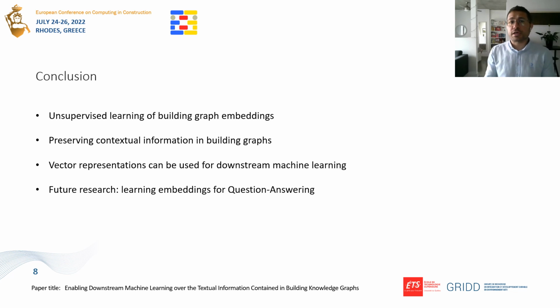And we also discussed how these vector representations can facilitate downstream machine learning from building information models to help solve real-world problems in our field. Currently, we are experimenting with this approach to map natural language statements into corresponding facts contained in building graphs so we can assist non-technical users to perform natural language queries over complex building models.